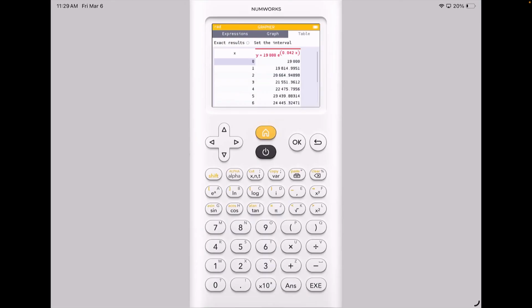X is years. Over here is how much money she's going to have in her account. We want this number to be 40,000. Where is this going to be 40,000? So I scroll down.